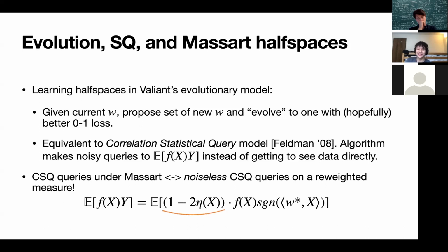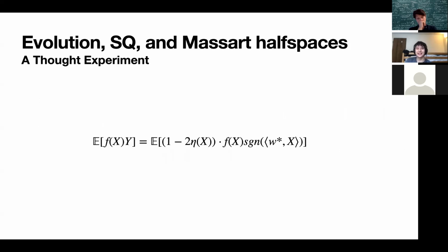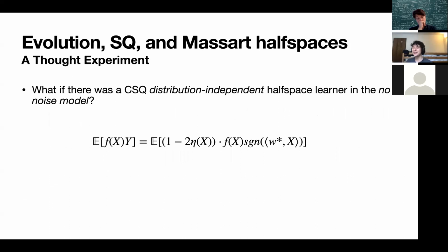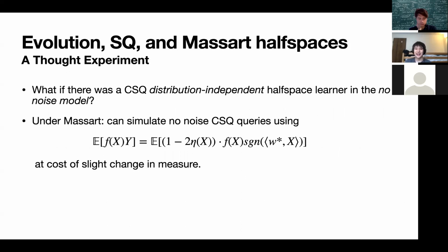So let's do a thought experiment. Suppose we knew a distribution independent way to learn half spaces. It makes CSQ queries, and it doesn't have to deal with noise. What I just said is that the real setting we're in is Massart, but if we only make CSQ queries, it just looks like a no noise half space model with a slightly different distribution of x.